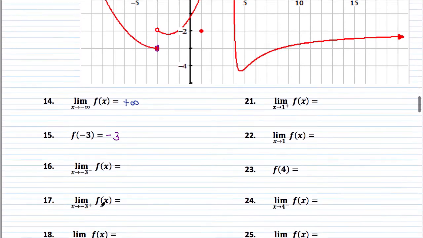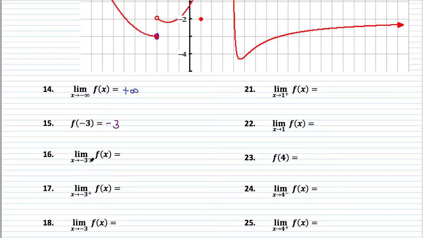Now, what is the limit as x approaches negative 3 from the left, from the right, and then from both sides? So here, I'm going to say, as I approach negative 3 from the left, I am approaching a value of negative 3. As I approach negative 3 from the right, I'll change colors, I'm approaching this hole.